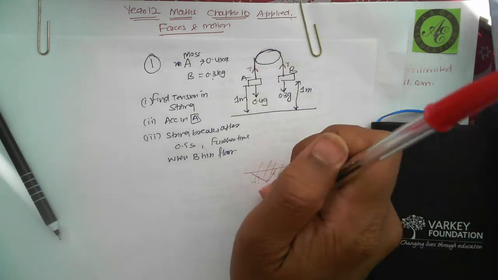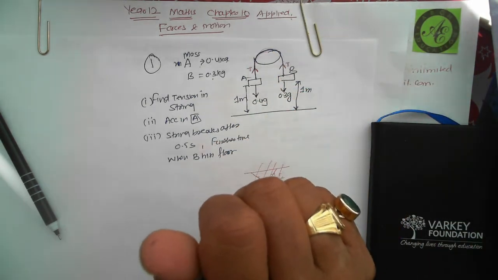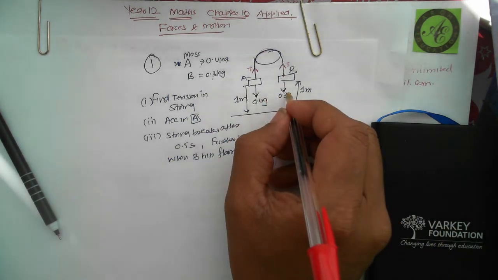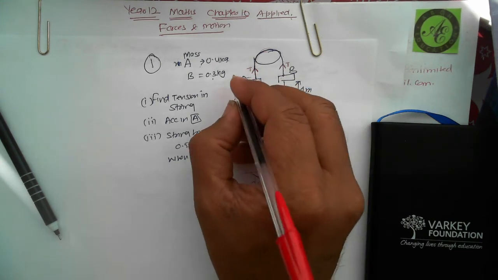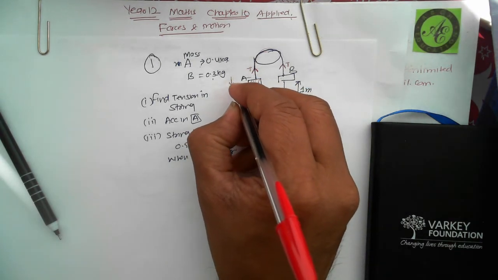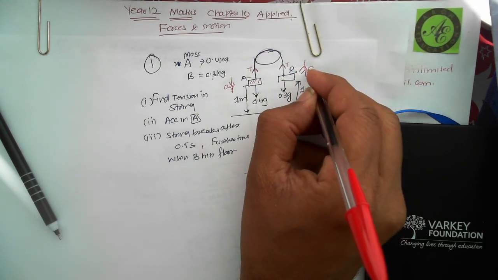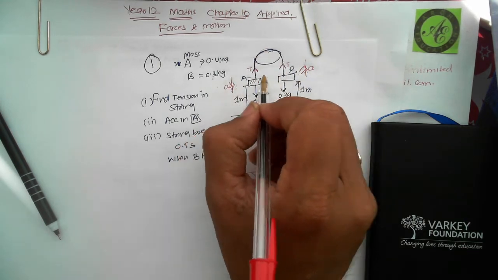Right. Now what happens, guys? The particles have been released. First make sure which direction both particles are going to be moving. This is heavier, so this will tend to go down. So the acceleration of this is this way, and the acceleration of this is that way. And the acceleration is the same because they're moving as a system.